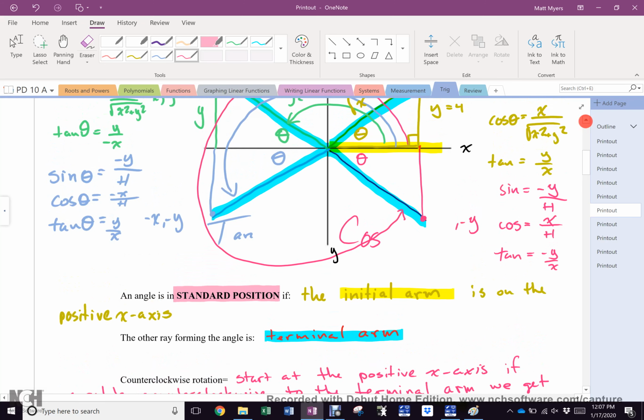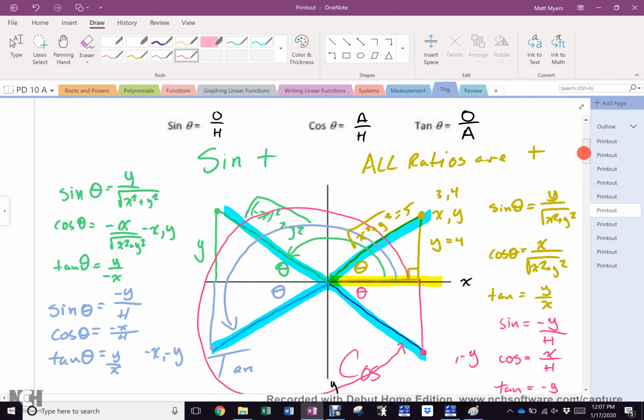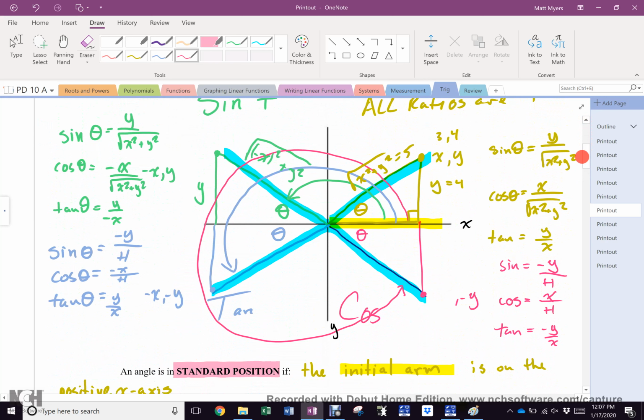So, the way I have drawn all of these, actually 4 of these thetas, they are all going to be positive because we started here and went counterclockwise. Everybody cool? The first one, gold theta, has to be between 0 and 90.